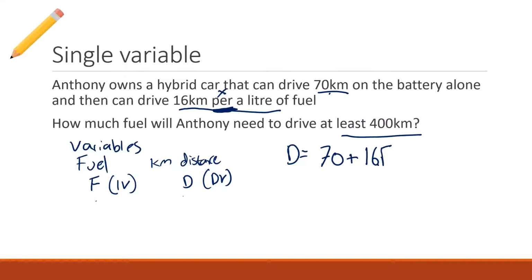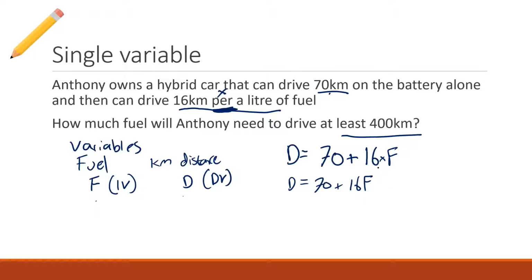So if I go 16 times F, that means if I had 1 liter of fuel, I could go 86 kilometers. If I had 10 liters of fuel, I could go 160 plus 70 kilometers, which is 230. So this is our formula.